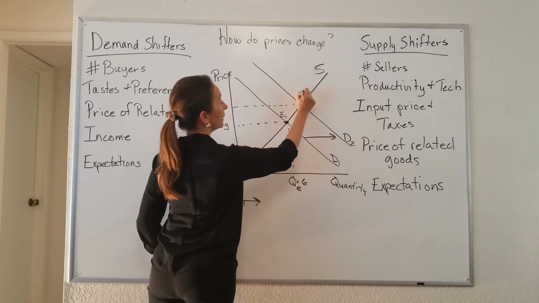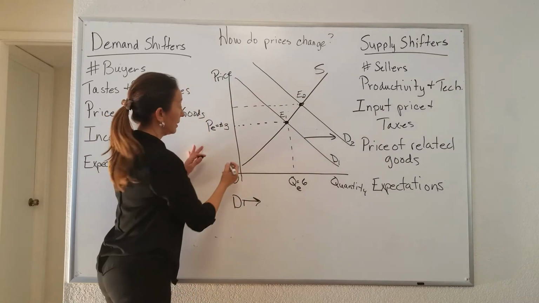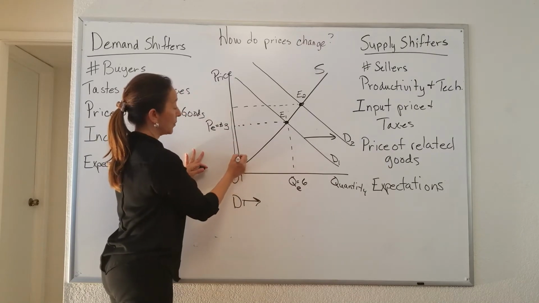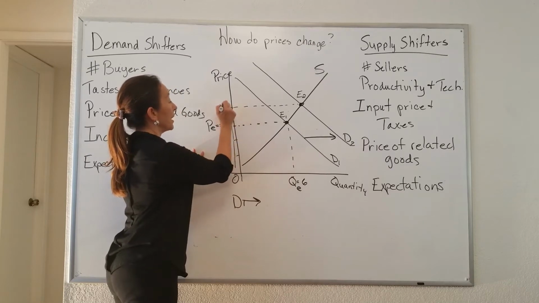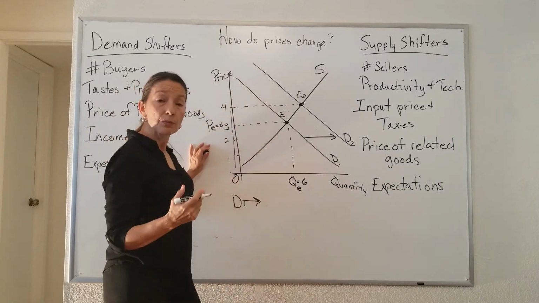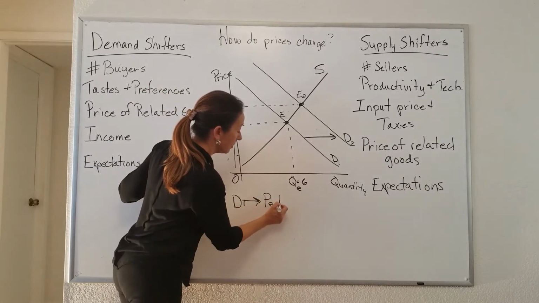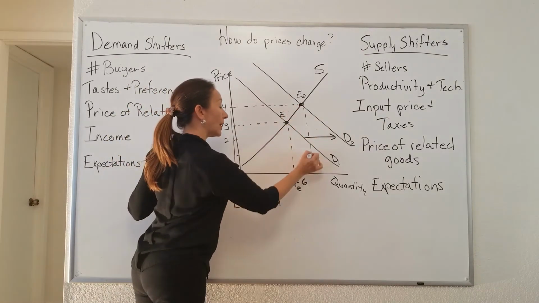Now our new equilibrium shows a new equilibrium price. Because we're going up along this graph, this is 0, there's 1, there's 2, this is 3, this is possibly $4. That means price went up. Equilibrium price went up.